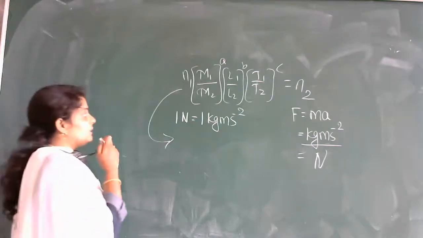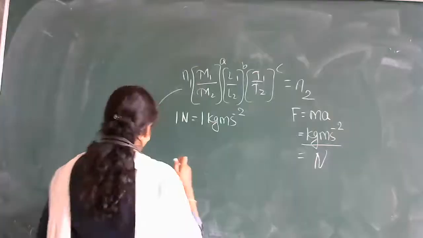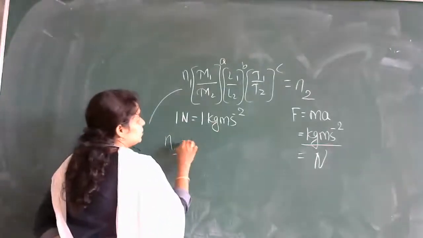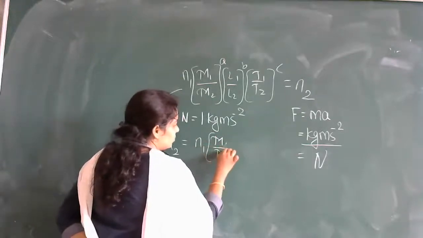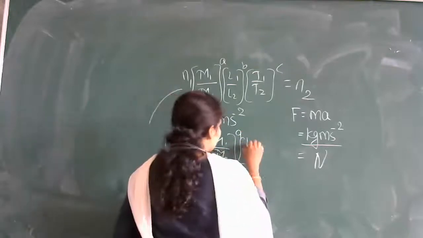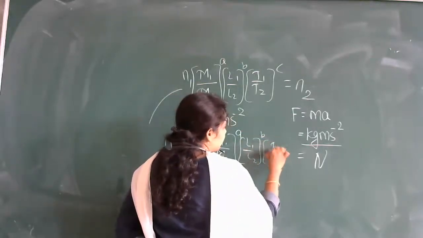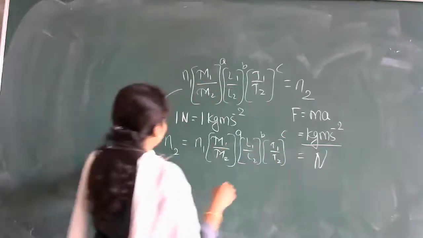I'll write the formula here so you people don't get confused. The formula is n2 is equal to n1 into (M1 by M2) to the power of a, then (L1 by L2) to the power of b, (T1 by T2) to the power of c. Remaining everything I'll erase.